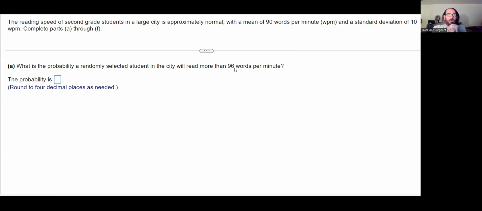All right, in this question, we are told that the reading speed of second grade students in a large city is approximately normal, with a mean of 90 words per minute and a standard deviation of 10 words per minute, or WPM for short.